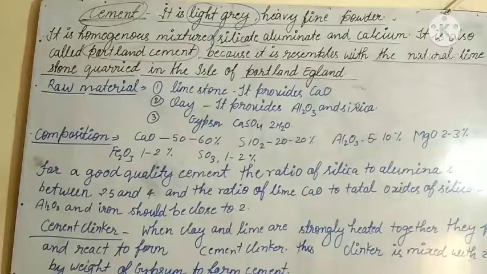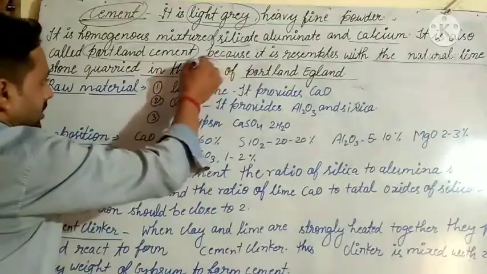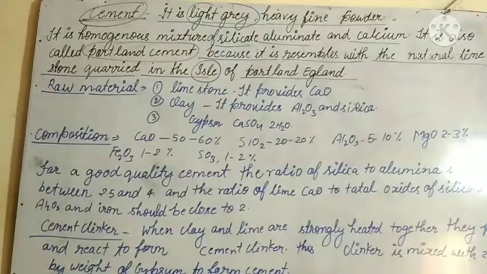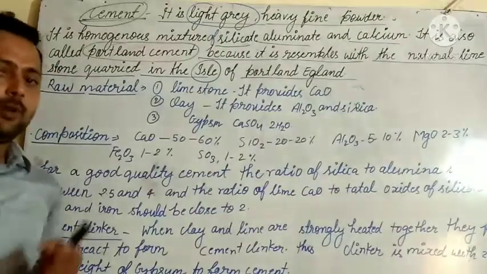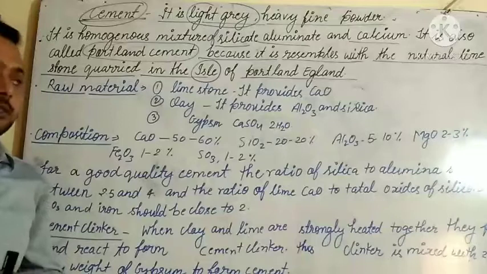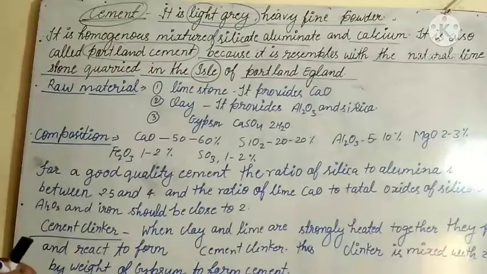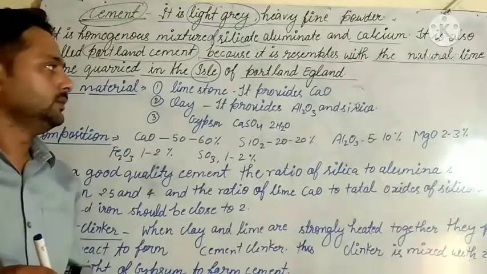Which means, one limestone is seen in England, in Portland, and the place is slate. So we say Portland cement. I think you better understand what resemble means.